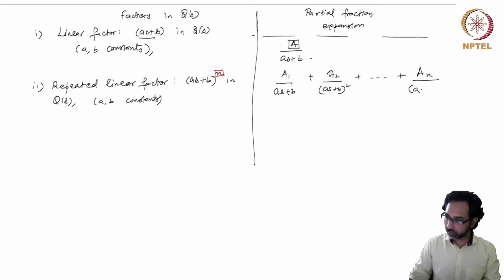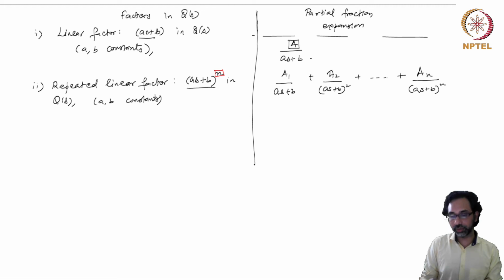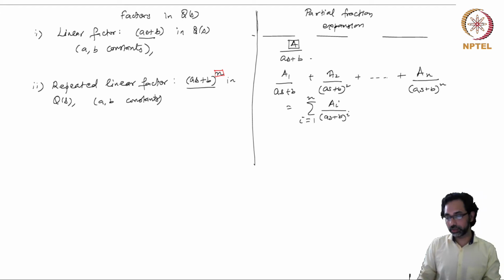So in the end you have (as plus b) to the power n. So the partial fraction expansion for a repeated linear factor in Q(s) is this sum. This can be written as the sum over i equal to 1 to n of Ai over (as plus b) to the power i. So this is the partial fraction expansion, and we have to do this for each repeated linear factor in Q(s).